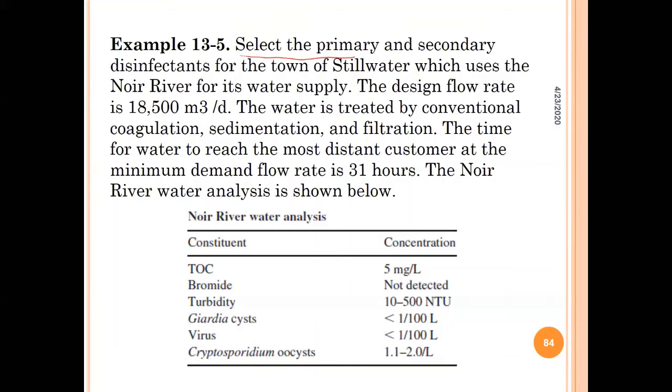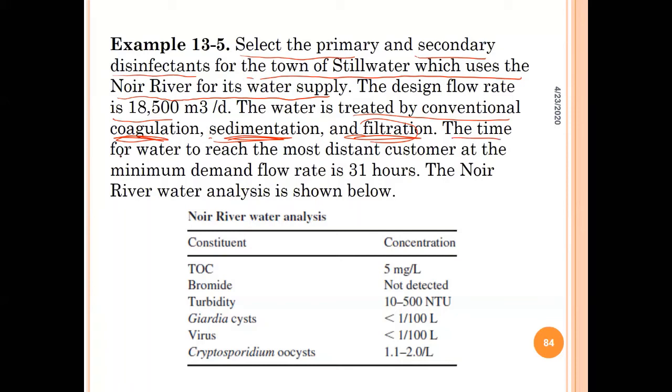Select the primary and secondary disinfectants for the town of Stillwater, which uses the Novier River for its water supply. The design flow rate is 18,500 meter cube per day. The water is treated by conventional coagulation, sedimentation, and filtration. Now we know this is filtration.